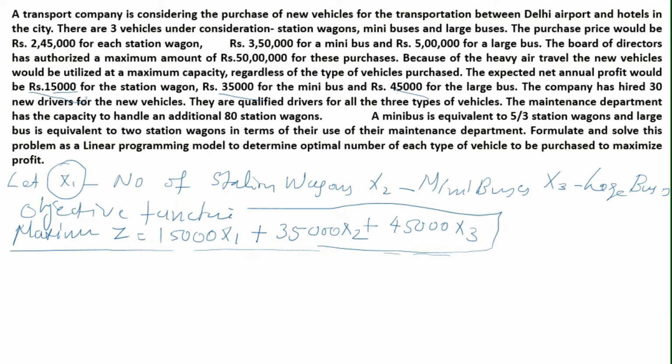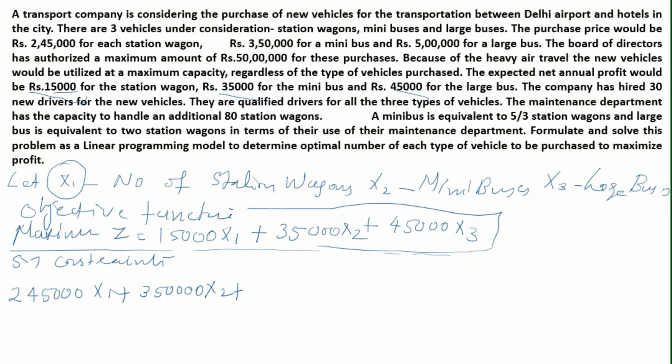Now we need the constraints, subject to constraints. The first constraint is of course the cost constraint. For 1 unit of station wagon the cost is 2,45,000, so the total cost for x1 units of station wagon is 2,45,000 into x1. Similarly, 3,50,000 is the cost for 1 unit of minibus, and the total number of minibuses is x2, so the total cost is 3,50,000 into x2.